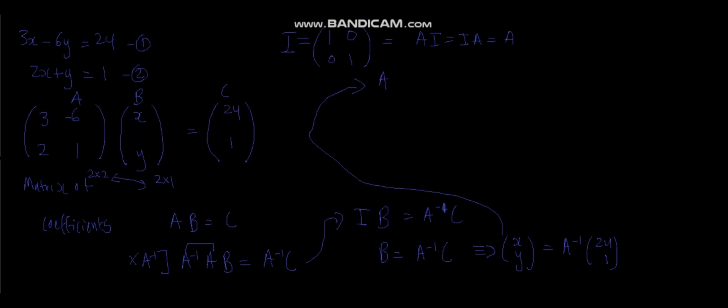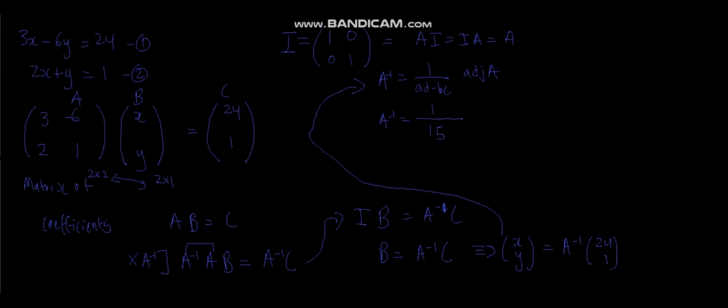So A inverse, recall the formula, 1 all over the determinant, which is AD minus BC, times the adjoint of A. So A inverse is 1 all over 3 times 1 is 3, minus 6 times 2 is minus 12. 3 minus minus 12 is 15.